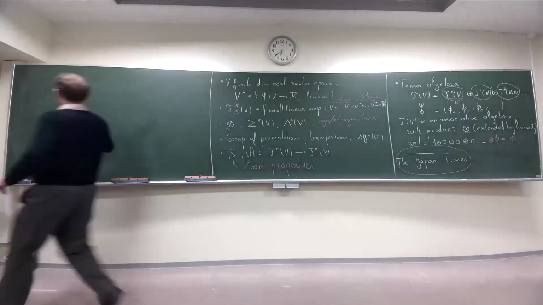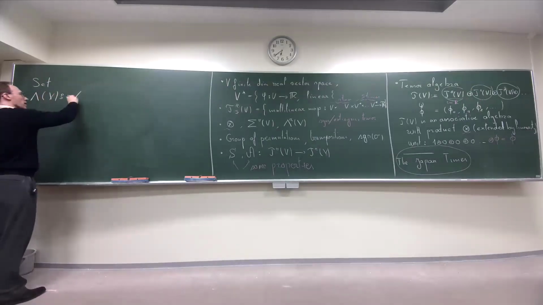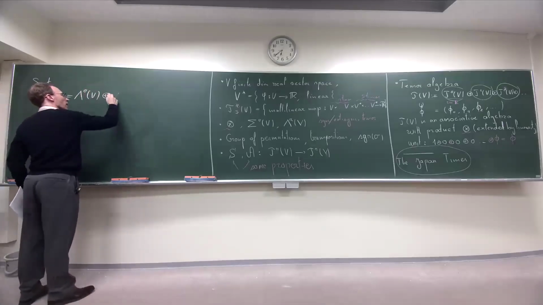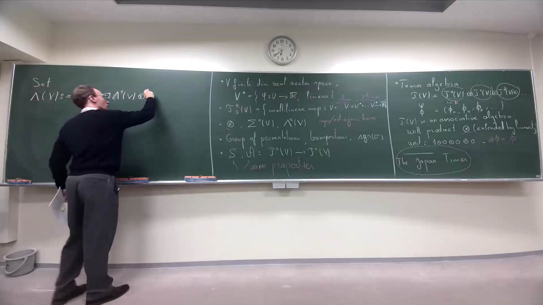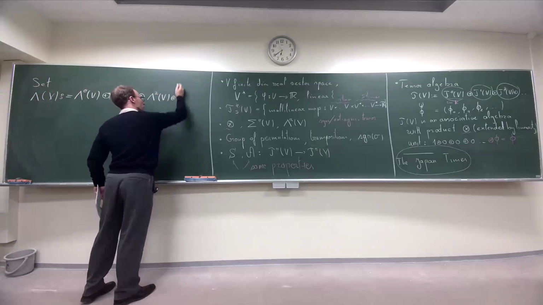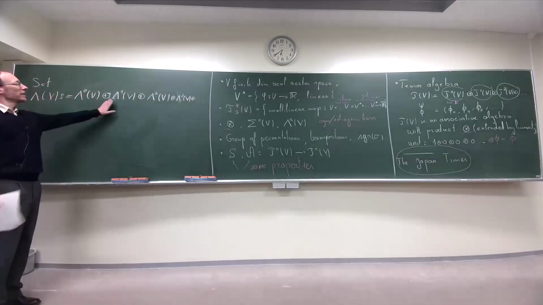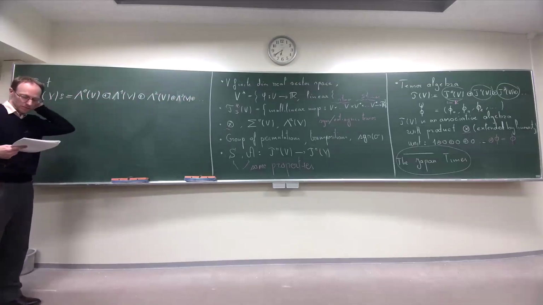So let me define, essentially the same thing, B, which is going to be the one with a 0 plus the one with a 1 plus lambda 2 of V plus lambda 3 of V, and you continue. Remember, these are the antisymmetric or skew adjoint tensors.